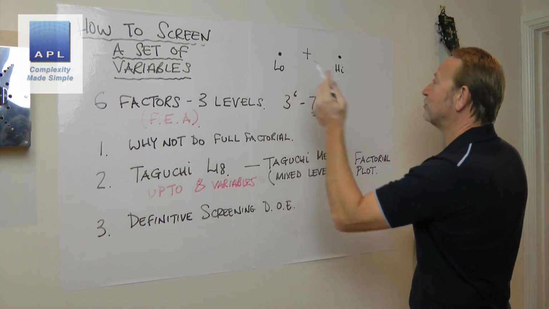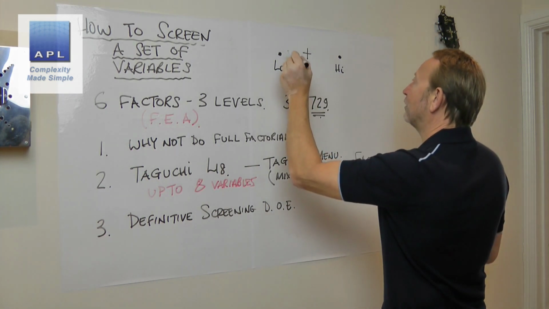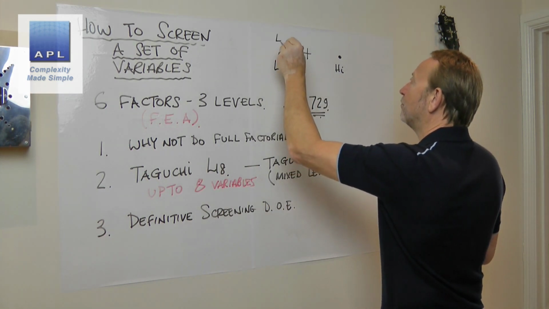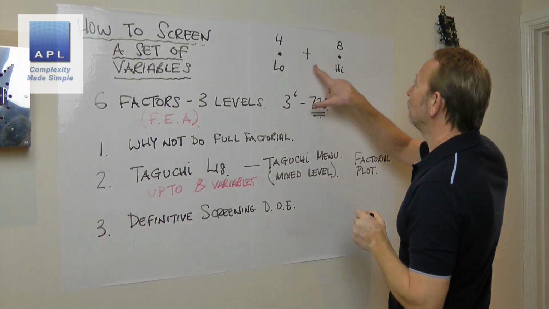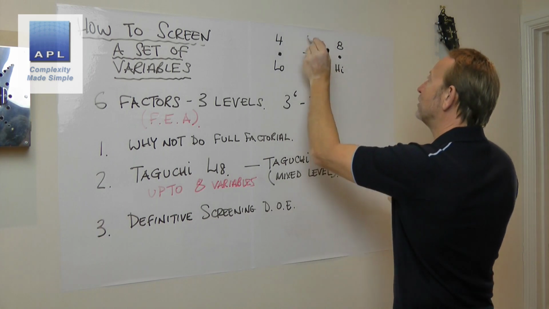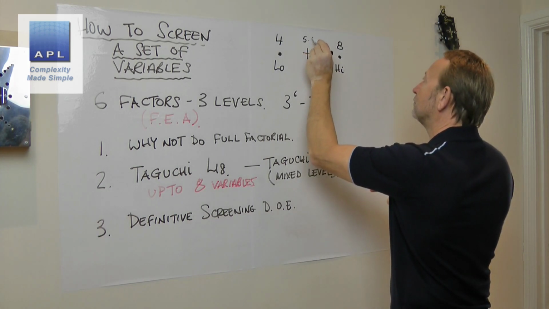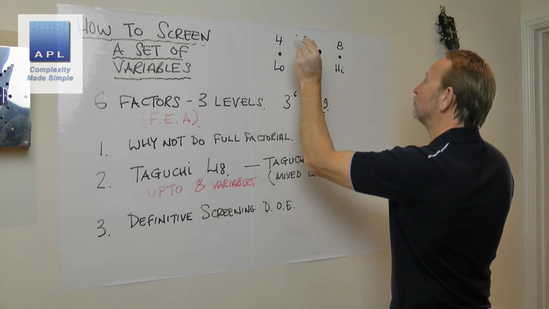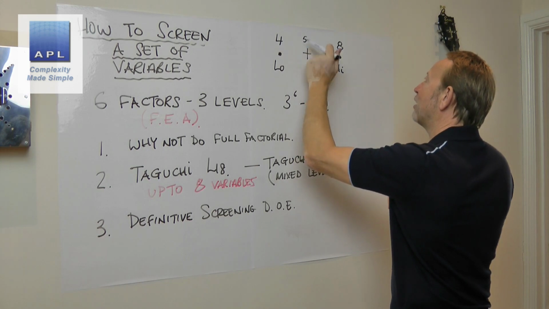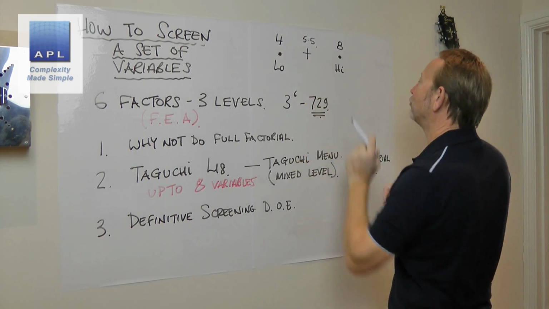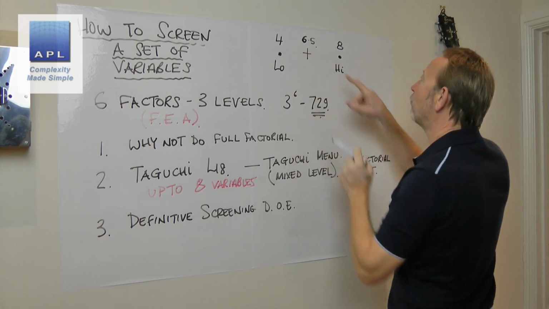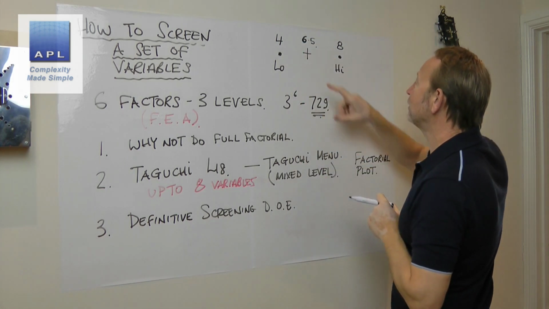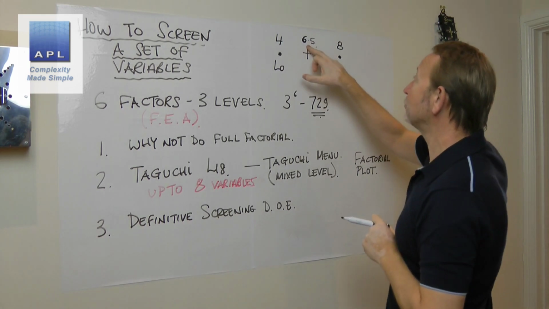If you pick 4 and you pick 8, well, the midpoint here, is it 5.5 or is it 6.5? It's going to fall halfway between, at a fraction, and you can't set that.